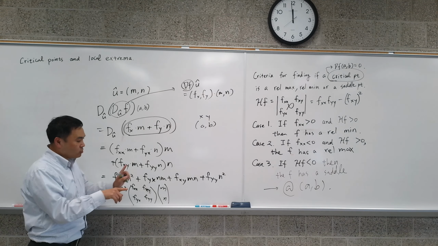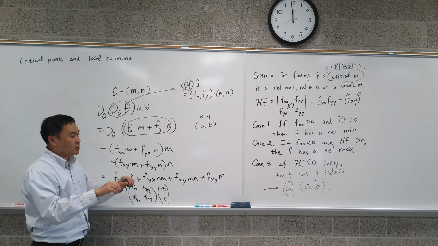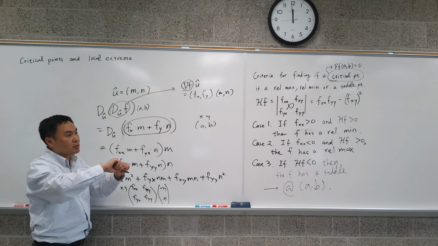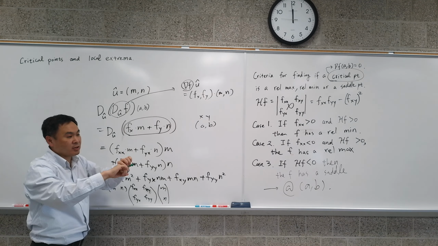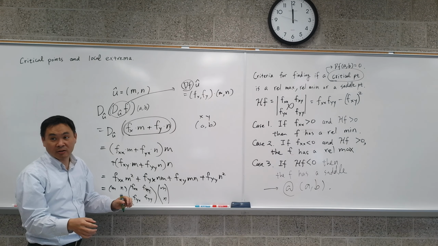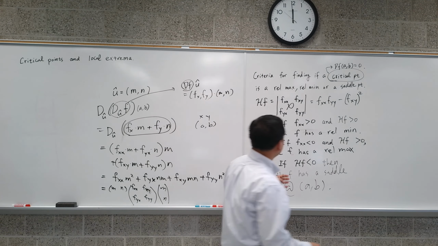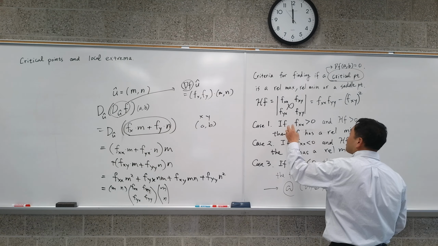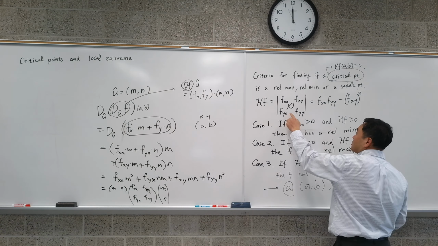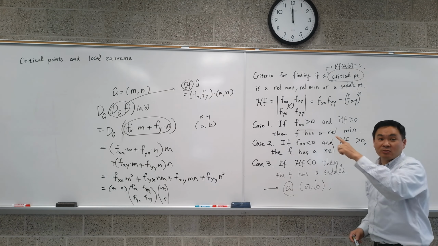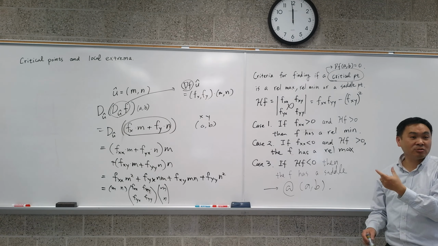You have two directions where you have the maximum value of the concavity and the minimum value of the concavity, right? And there's something else that you learn in linear algebra which says that the determinant is the same as the product of the two eigenvalues.